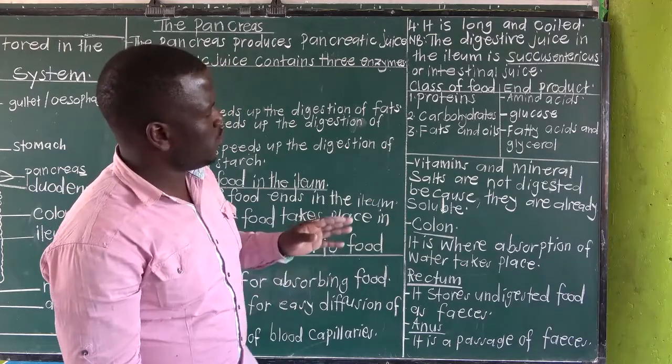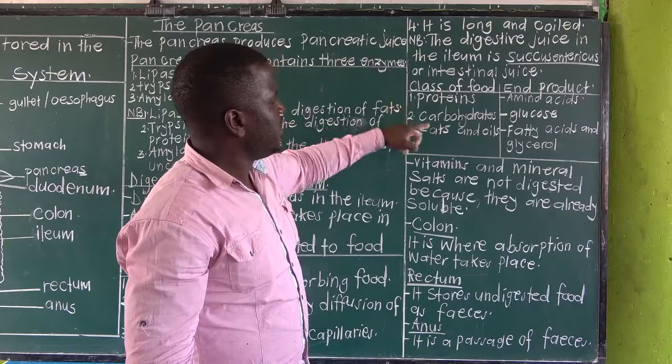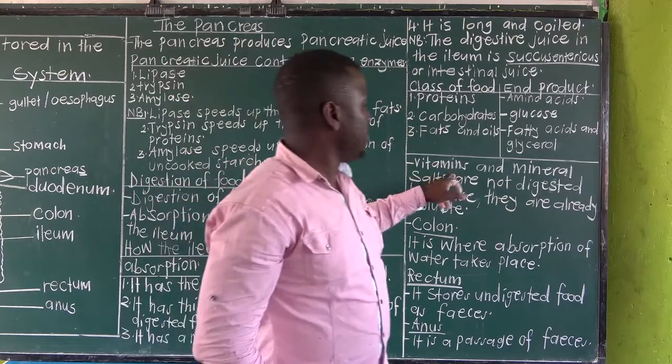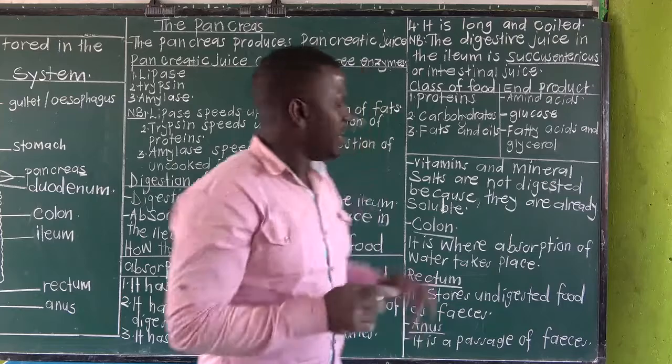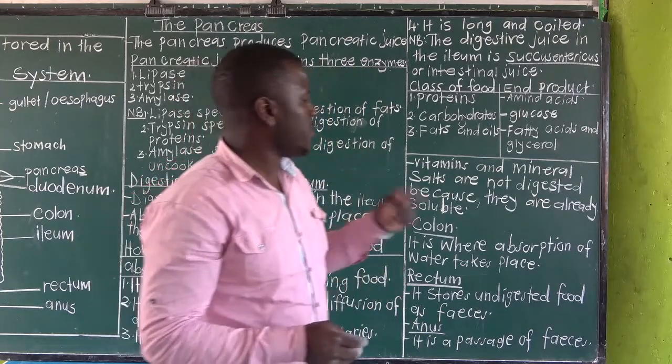Something you need to note: remember all these are classes of food. We have proteins, carbohydrates and fats. Other classes of food are vitamins and mineral salts. But vitamins and mineral salts are not digested because they are already soluble.